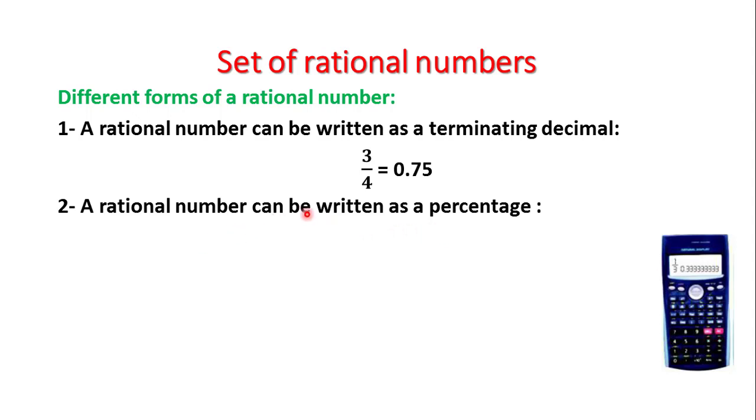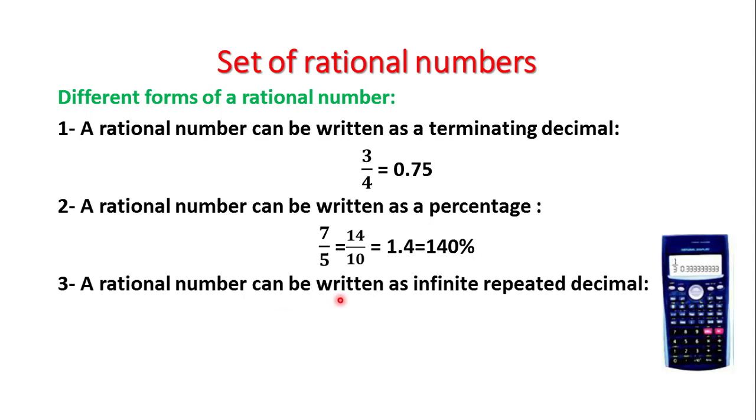For example, here we have 7 over 5. 14 over 10 is the same as 1.4, so this number can be written as 140%.